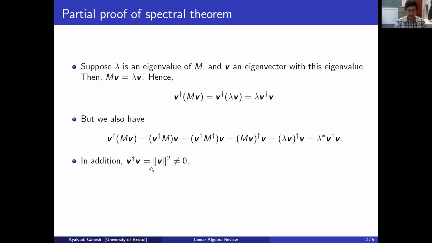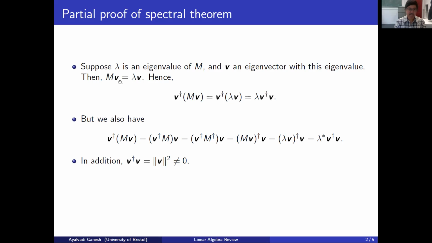Yes, it is, because V dagger V is the inner product of the vector V with itself, and that's the squared norm of V. And that's non-zero because V is a non-zero vector. By definition of eigenvectors, in the eigenvalue equation, there should be a non-zero solution. Zero is always a trivial solution for any lambda, so that doesn't count.